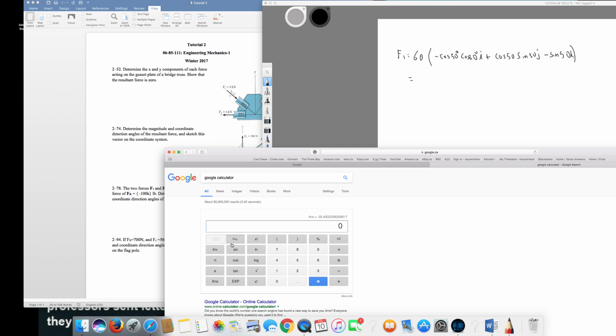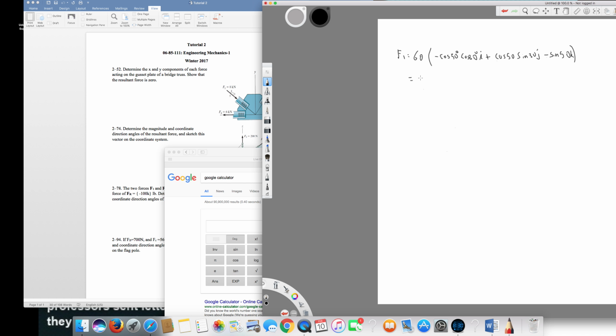Therefore make sure this is in degree, and 60 times negative cos 50 times cos 30 is equal to negative 43.66.